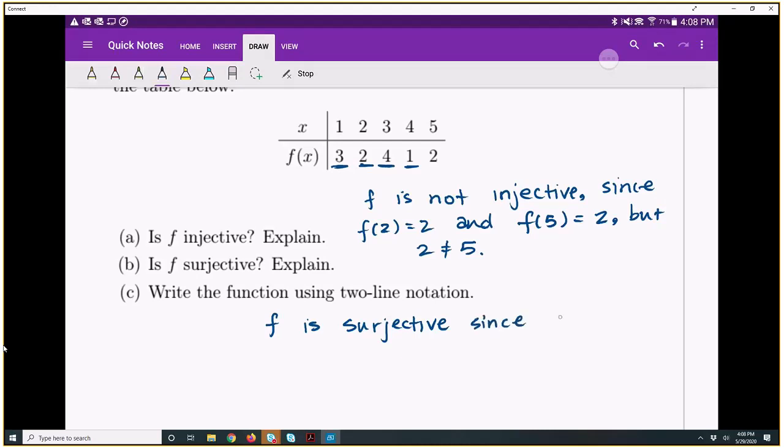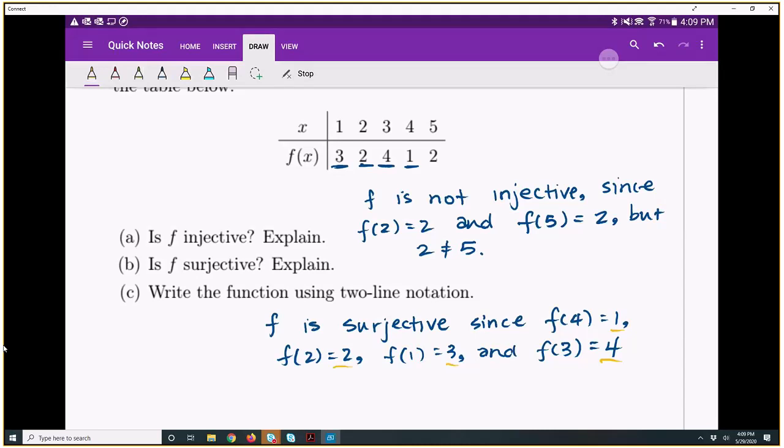Since f of 4 is 1, f of 2 is 2, f of 1 is 3, and f of 3 is 4, every element 1, 2, 3, and 4 has at least one preimage in the domain.